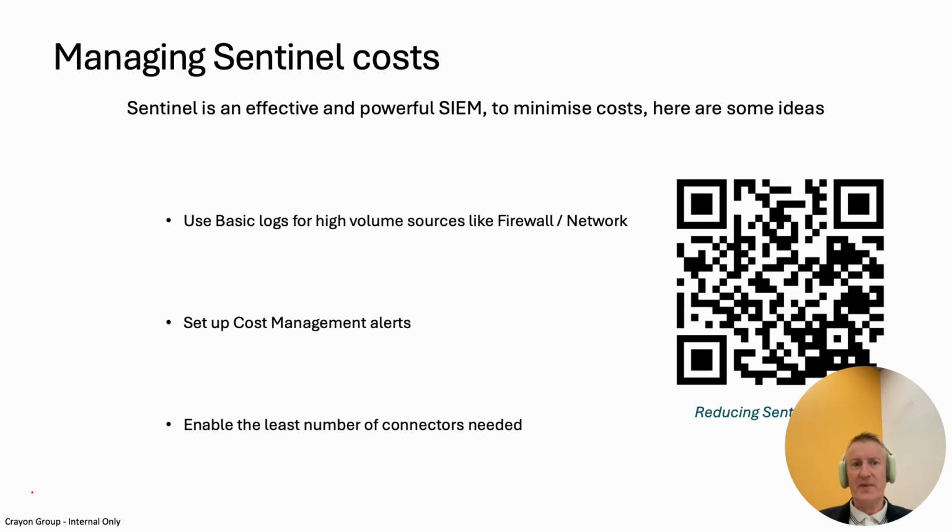And then lastly, enable the least number of connectors that you possibly can and the least amount of data that you need, for the outcome that you need. For example, if you are collecting data from a network device or a firewall device, do you need to take all of the informational alerts? Probably not. You're probably just looking for warnings or criticals or other things.